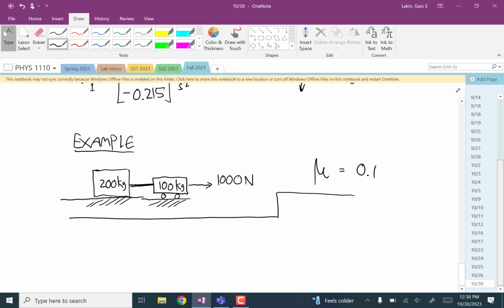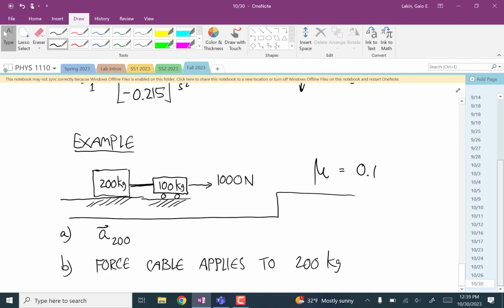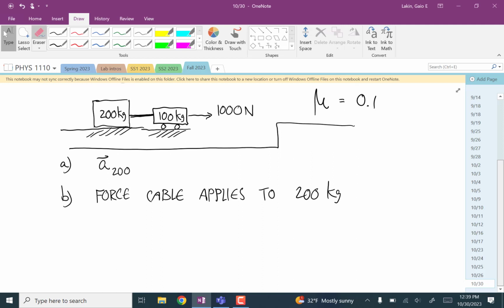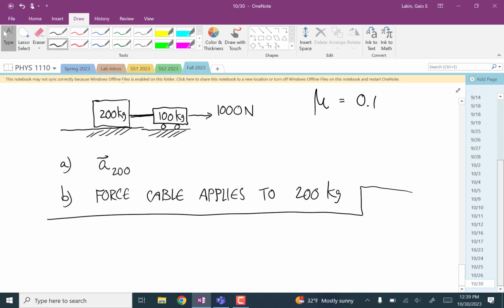And we want to calculate the acceleration vector of the 200. And second, we want to calculate the force the cable applies to the 200. Okay, so see if you can think your way through that one.